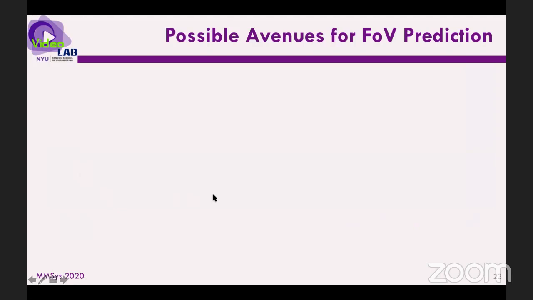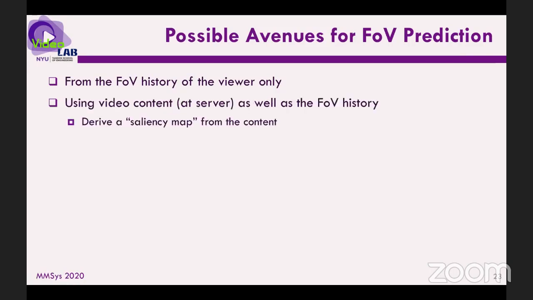So how should we predict the FOV? Here I present several possible avenues. The most straightforward approach is to predict a viewer's FOV in a future time from the FOV history of the viewer. In some applications, the server can look into the active video content and derive a saliency map from the content, and the user can use such saliency map to predict the FOV.